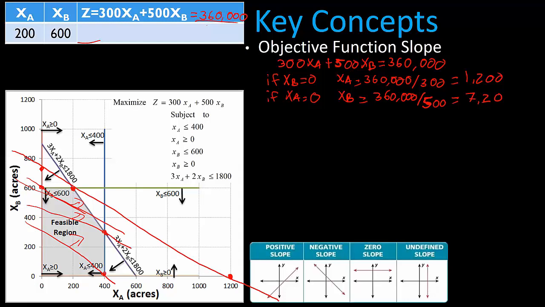Now the other thing that I wanted to mention is the slope of the objective function. So far we have this equation here, 300 XA plus 500 XB equal to 360,000.